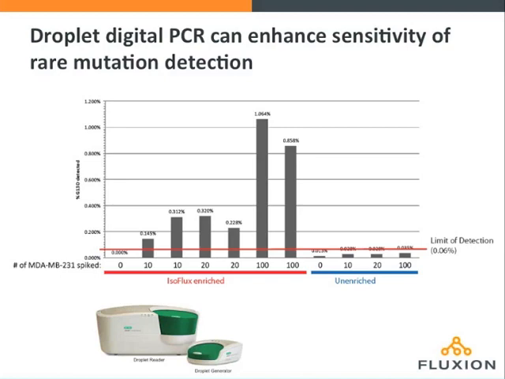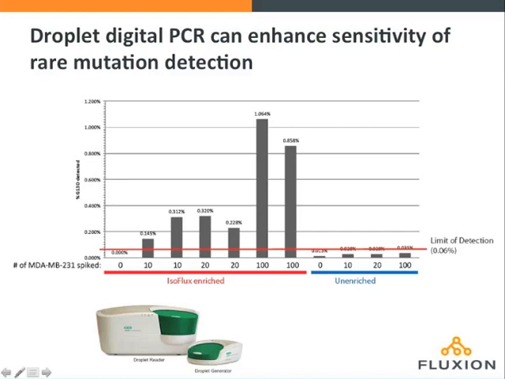So what happens in these systems is that the DNA gets separated into a very large number of droplets, and only the mutation-positive droplets are fluorescently tagged and then counted downstream. So again, the purpose of this type of work is to determine an effective limit of detection.